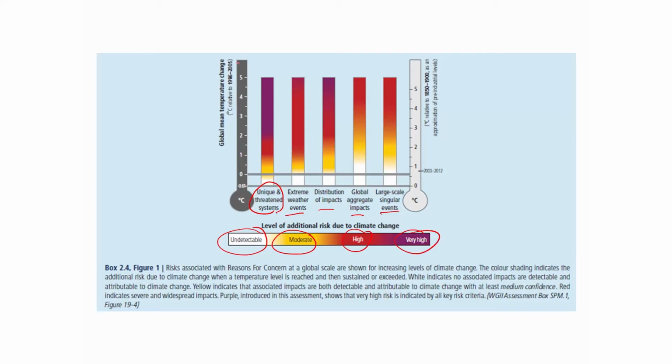So given the temperature change projected relative to 1986 to 2005, what are the changes we expect in each of these reasons for concern? So unique and threatened ecosystems, you can see that as the warming increases, it begins to push into the very high risk range.